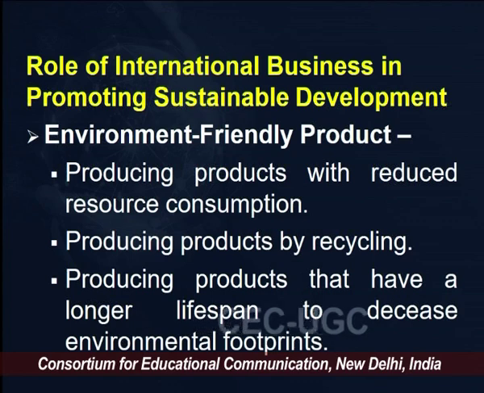The company should produce environment friendly products, that is producing products with reduced resource consumption, producing products by recycling as I gave the example of H&M, then producing products that have a longer lifespan to decrease environmental footprints. If the products have a long lifespan, then naturally they will not be discarded in the environment. So, you will reduce environmental footprints also.